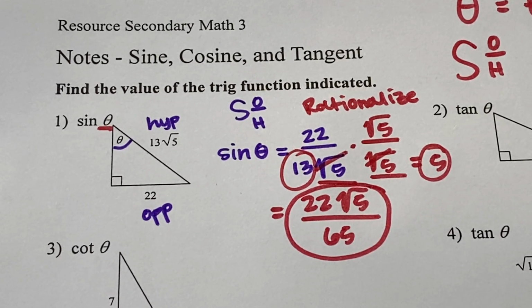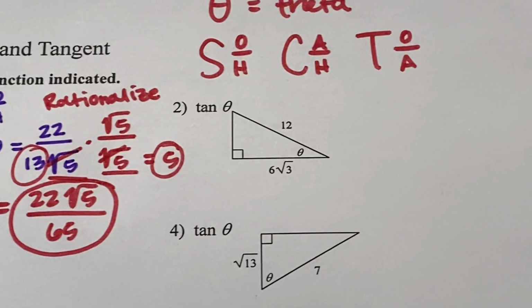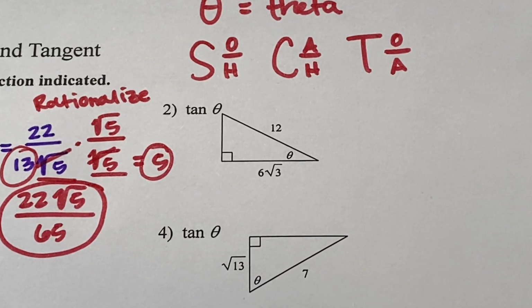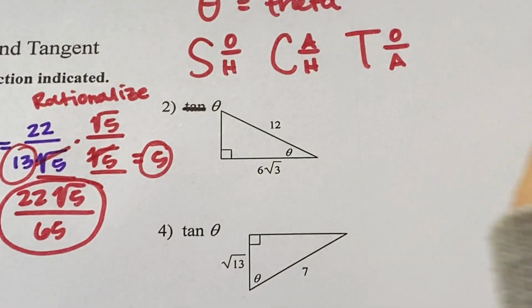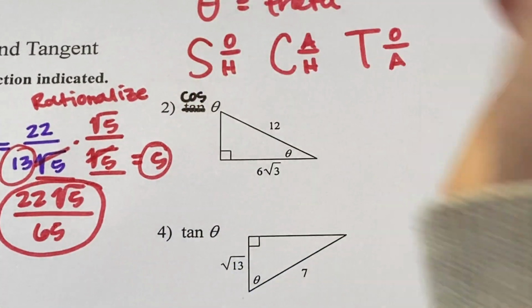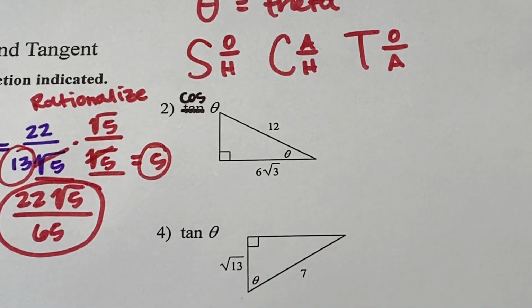Cool. Alrighty, so let's try it again. Maybe this one will be a little nicer. Actually, this one is not nice, and I'm going to change it. Instead of tangent of theta, I'm going to change it to cosine of theta. You're going to thank me for this.